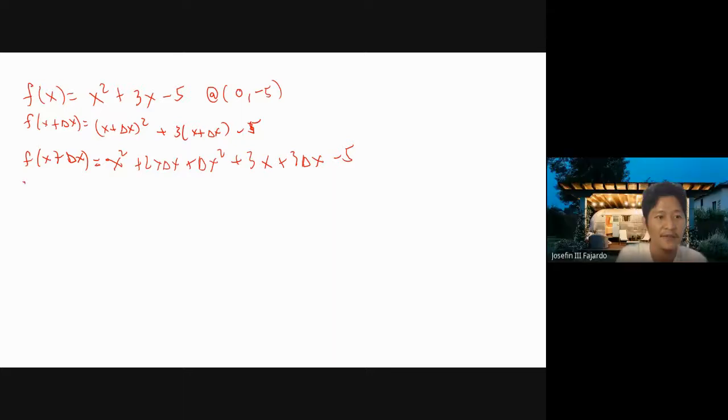So, if we now try to find f prime of x, this is the limit of f of x plus delta x.